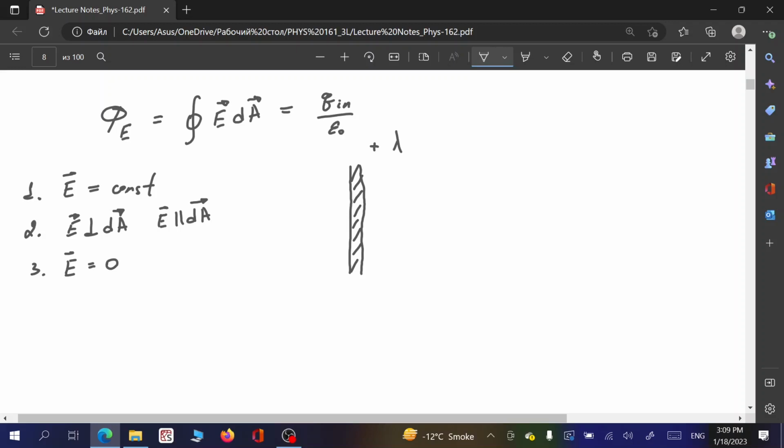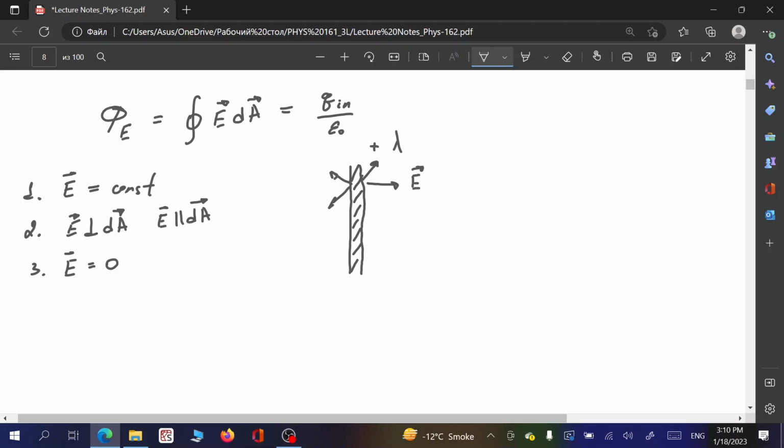Since we have this symmetry here, we will have radial symmetry of electric field vectors going from the wire in all directions around the wire. And let's say we want to determine the magnitude of the electric field vector created by such a wire.